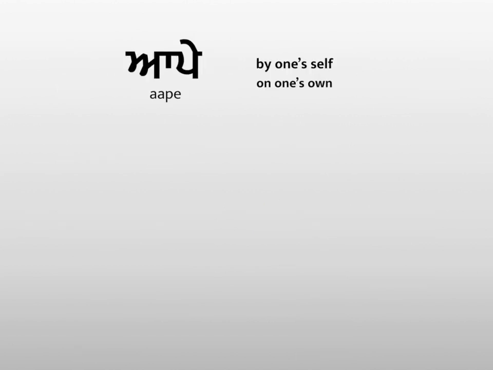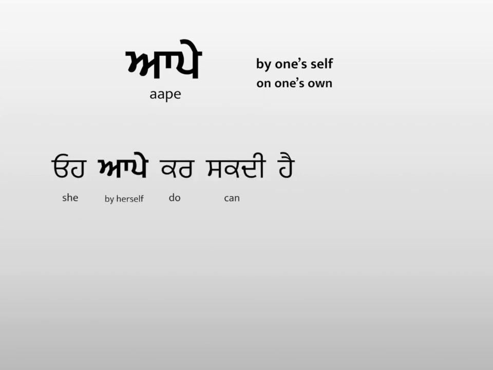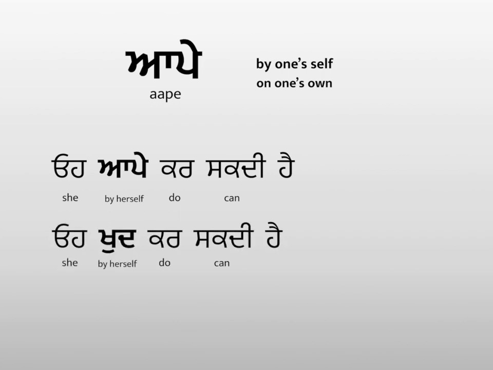Ape. So ape means by oneself, on your own. ਉਹ ਆਪੇ ਕਰ ਸਕਦੀ ਹੈ. She can do it by herself. Or you can say ਉਹ ਖੁਦ ਕਰ ਸਕਦੀ ਹੈ. It means the same thing. He can do it himself. ਉਹ ਆਪੇ ਕਰ ਸਕਦਾ ਹੈ. ਉਹ ਖੁਦ ਕਰ ਸਕਦਾ ਹੈ.